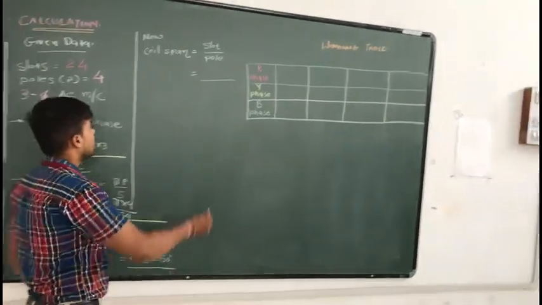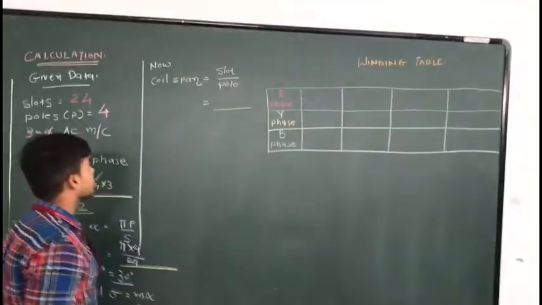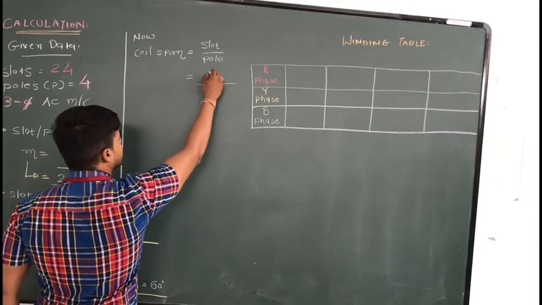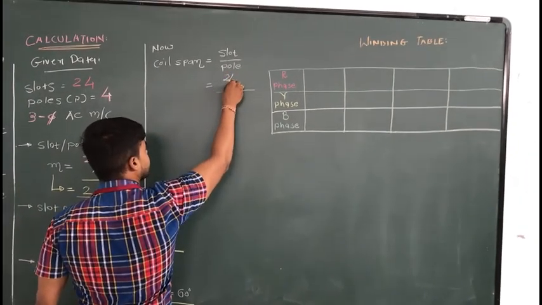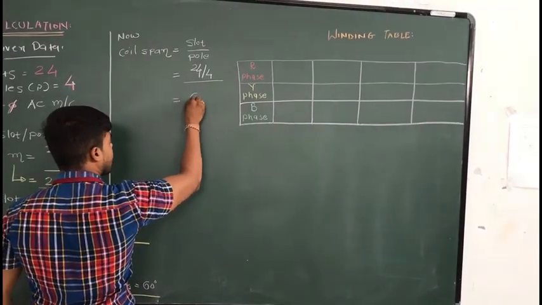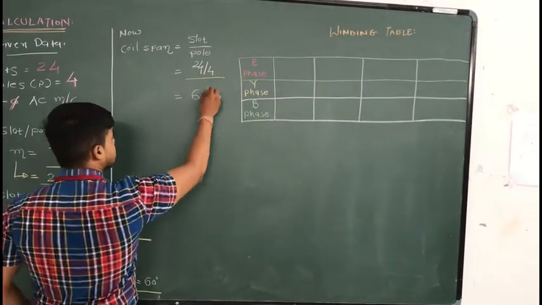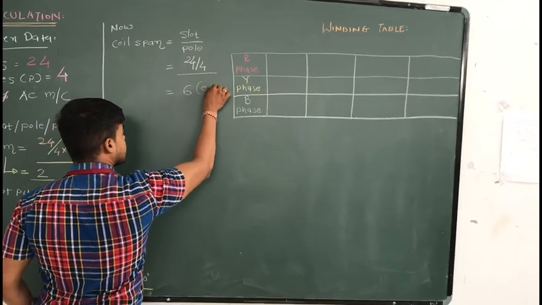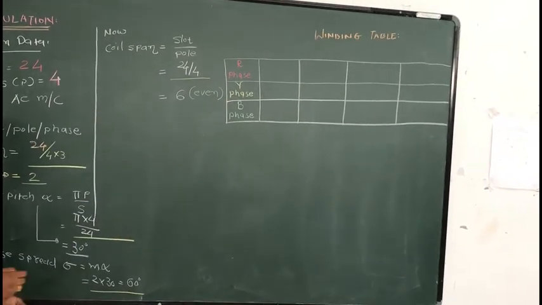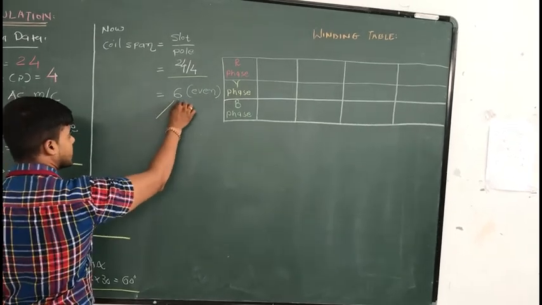Okay. Now most important thing, coil span. Coil span is given by slot per pole. So slot 24 and pole is equal to 4, so the answer is 6. But 6 is an even integer, so we cannot use it as a coil span.